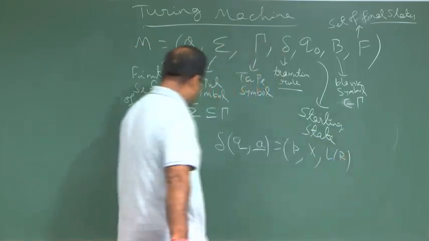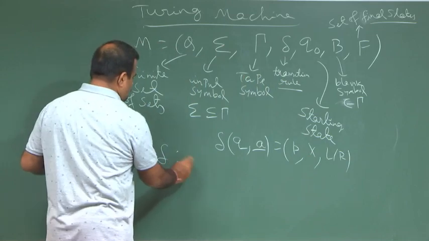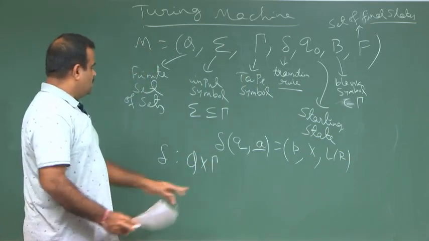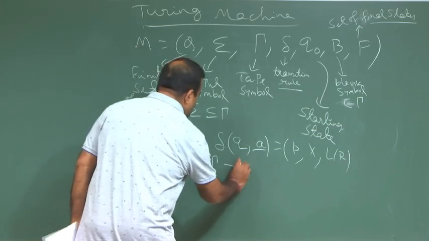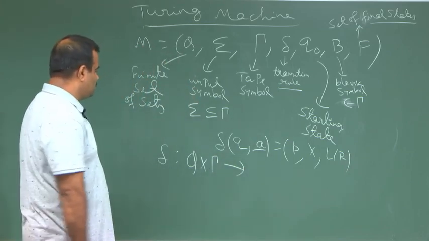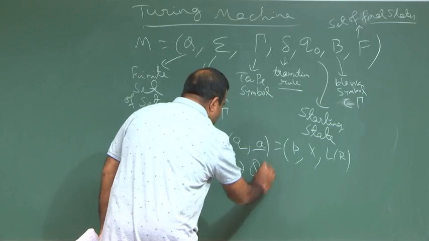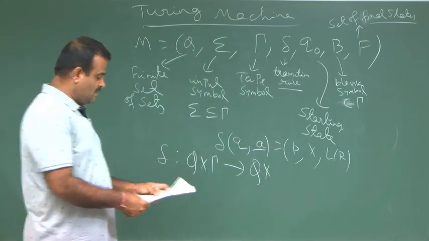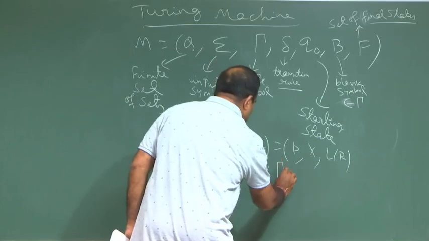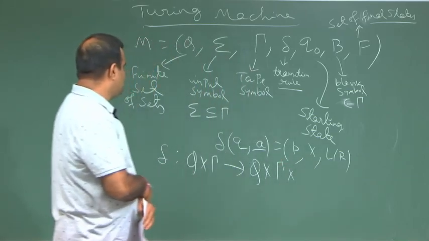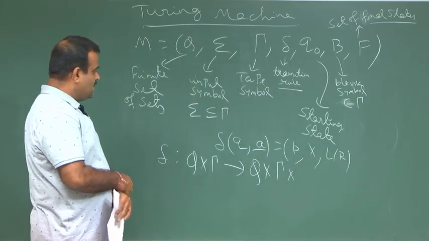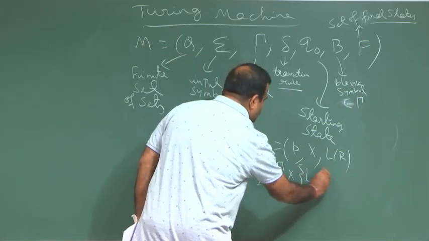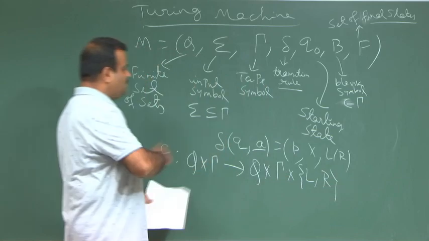So, we can define delta as taking two inputs, q comma the tape symbol, and it gives three outputs: it is changing the state, it could be the same state again, a new symbol is written in the place of the symbol a, and the tape head is moved to the left or right.